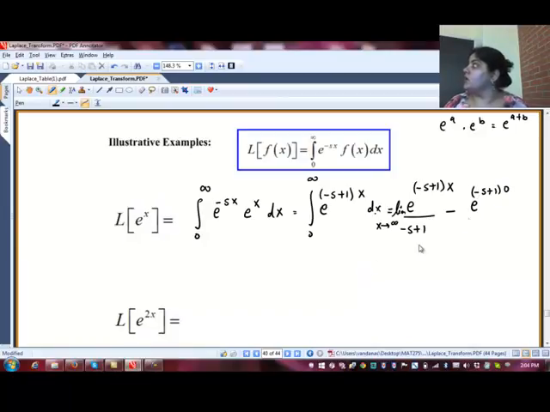Right? So this is just 1. Okay, what happened to this term? What is the limit as x approaches infinity of e to the power minus (s plus 1) x divided by 1 minus s, and this is here minus 1.